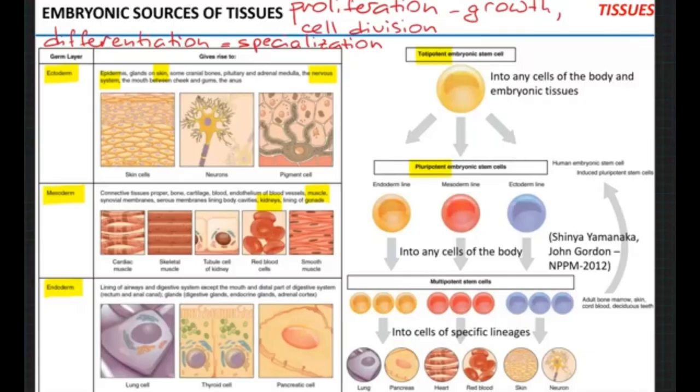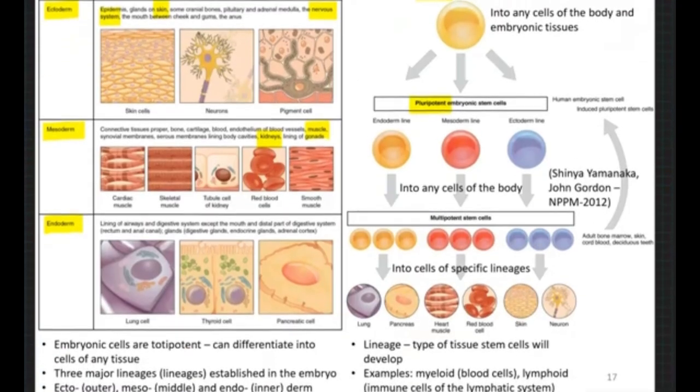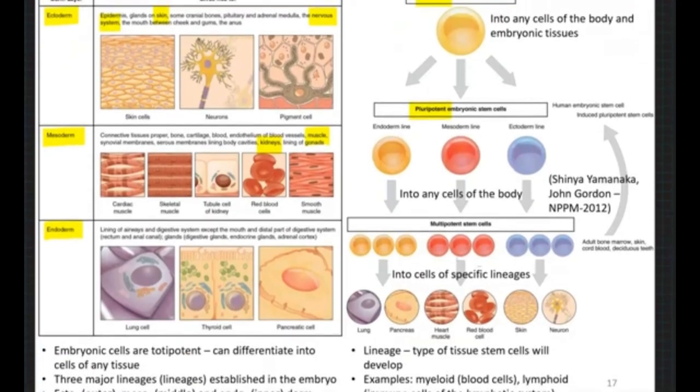Yeah, I understand it's unfortunately the image part of the book could be better. Let's put it this way. It's free, remember. And finally, endoderm develops into digestive system, okay, and respiratory system.